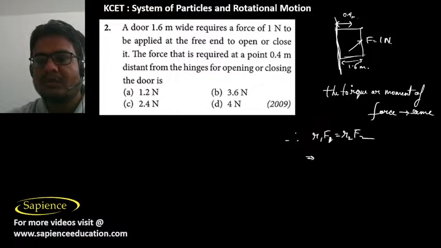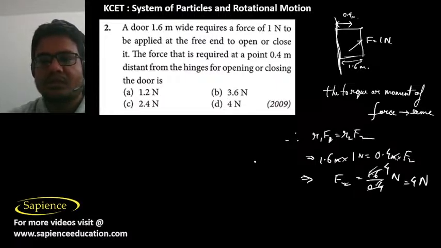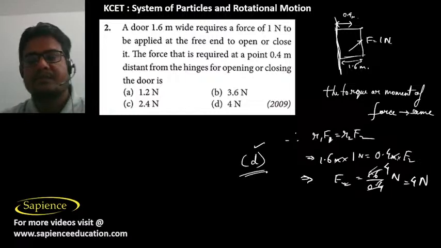So therefore R1 is 1.6 meter, and the force required is 1 Newton, and that is equal to R2, which is 0.4 meter, and that F2 we have to find. So meter and meter will cancel. So F2 will be equal to 1.6 by 0.4 Newton. So 4 Newton is required. Option D is the correct answer.